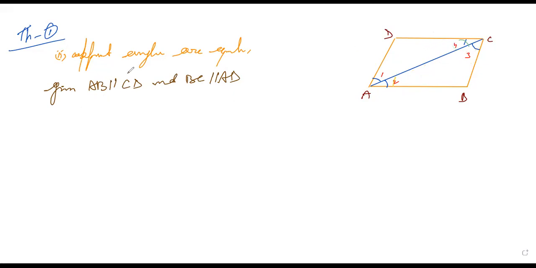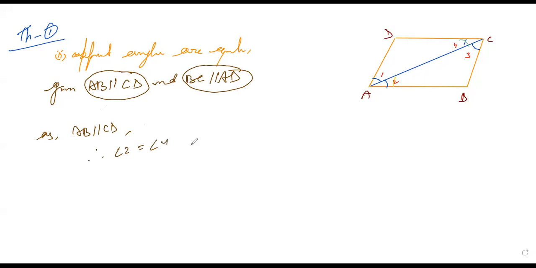As you can see, this AB is parallel to this CD, as well as this BC is parallel to AD. We are going to establish a relation. We can say as AB is parallel to CD, therefore angle 2 will be equal to angle 4, as we had done earlier, that is alternate interior angles. So make it as equation 1.